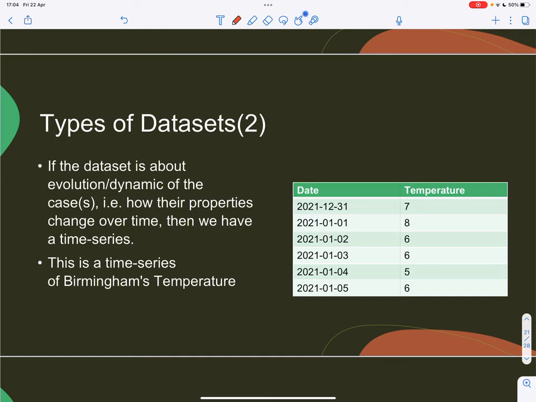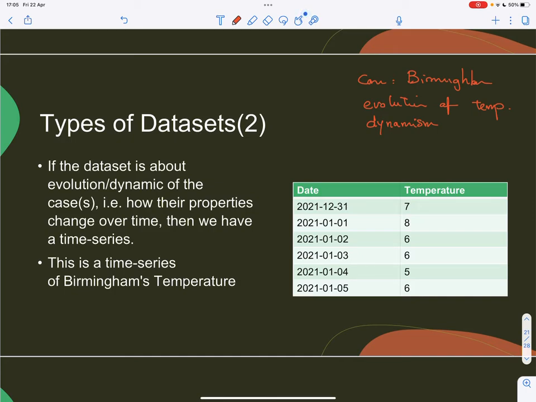For instance, let's assume that every day at midday, starting in early January, I went out and recorded the temperature in Birmingham. Okay, so the case is Birmingham. And what I'm doing is recording the evolution, or the dynamism, of temperature, in this case in Birmingham.